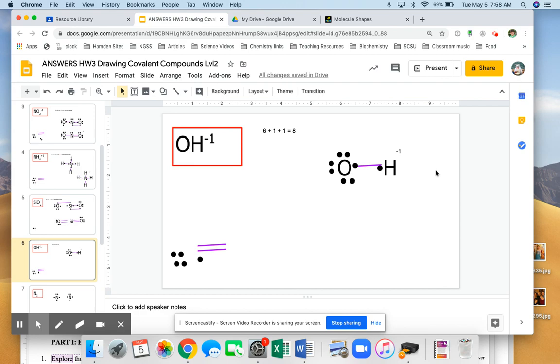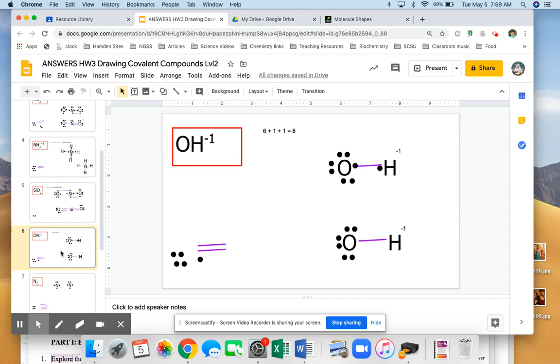There's our OH. We can clean it up a little bit. Now we can show that oxygen has 2, 4, 6, 8 electrons, and hydrogen just has 2 electrons. Remember, hydrogen is little. It only wants 2 electrons to have its valence shell full. All right, that's slide 6.